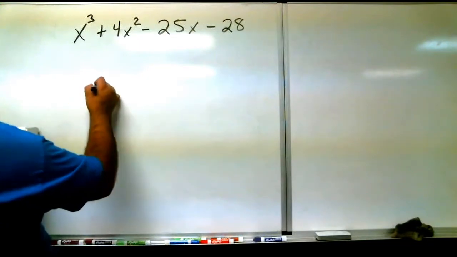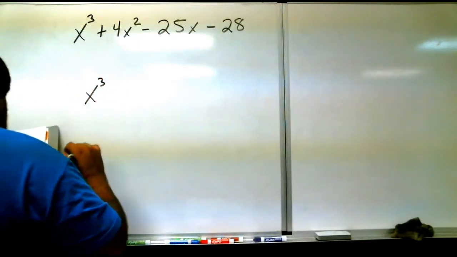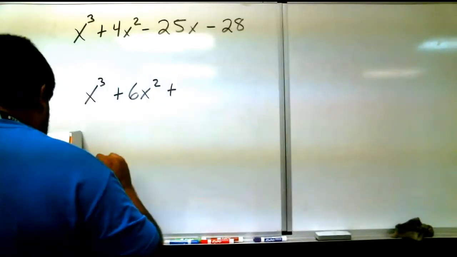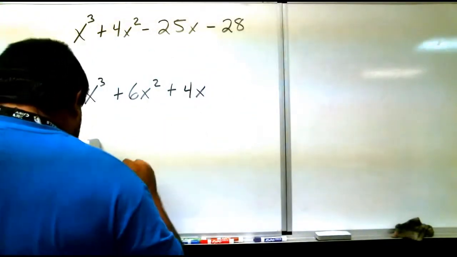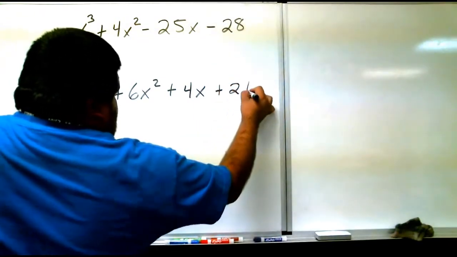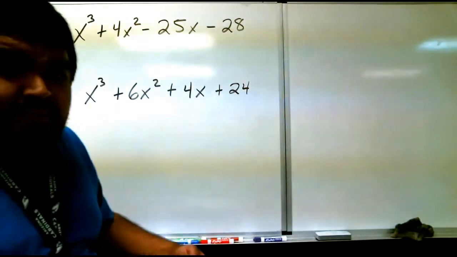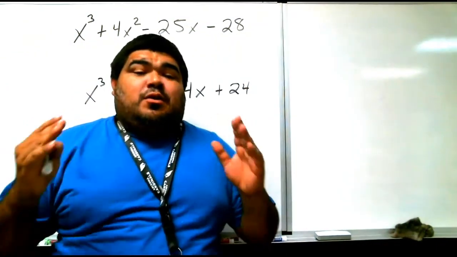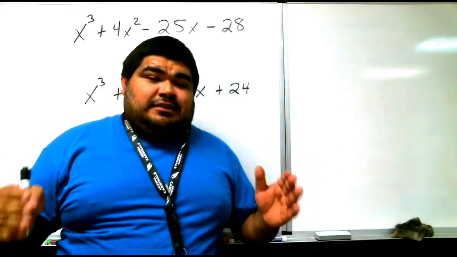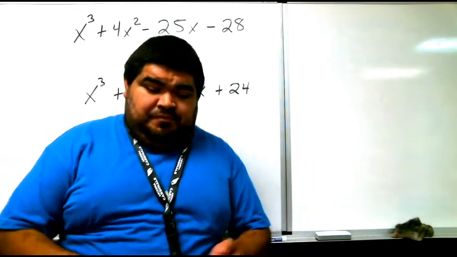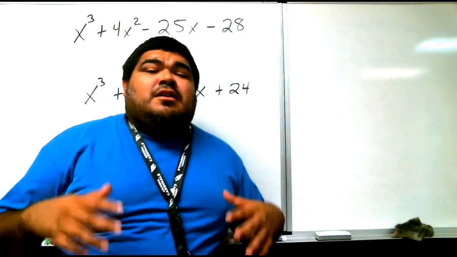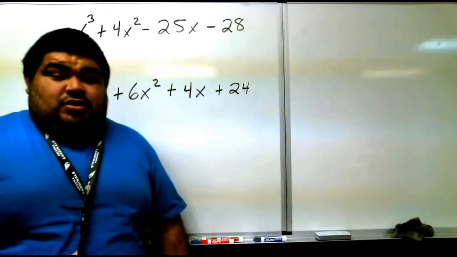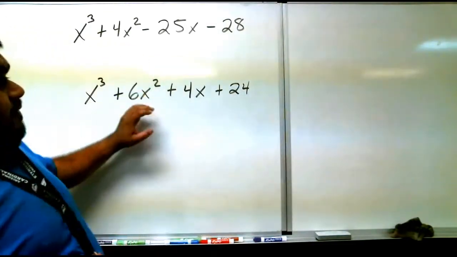Your second one is x cubed plus 6x squared plus 4x plus 24. Notice that I gave you 2 problems. I really want you guys to get the hang of this concept, because it's going to be one of your concepts on your finals. So make sure you submit your answers for both of these problems.